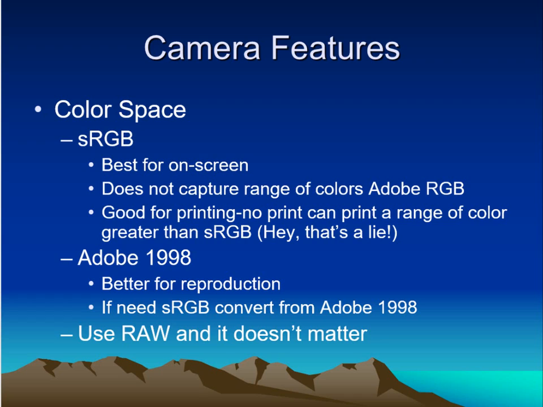So this thing about color space that you set in your camera is only really effective for your JPEGs. And if you followed my advice, don't shoot JPEGs, shoot RAW, or shoot both JPEGs and RAW. And then convert to sRGB if you're going to put things on the web.